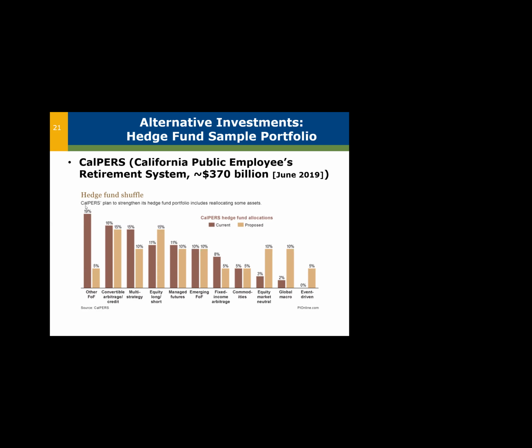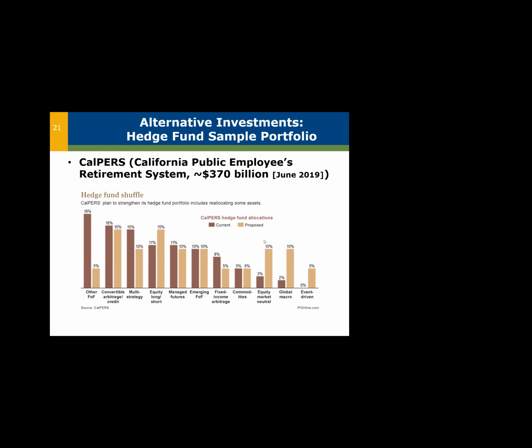And so you notice that CalPERS prior to 2015 and before their proposed reshuffling, they had almost 20% of their portfolio in fund of funds, which is very, very expensive. Not only are you paying the manager fees, but you're paying the fund of fund fees, which are typically 1 and 10. And so they said, okay, we should not be paying all these extra fees. We can just go directly invest in these underlying hedge funds. And you see that's what they've done.